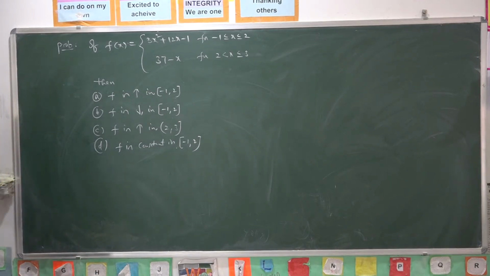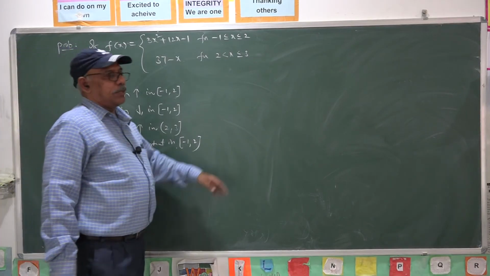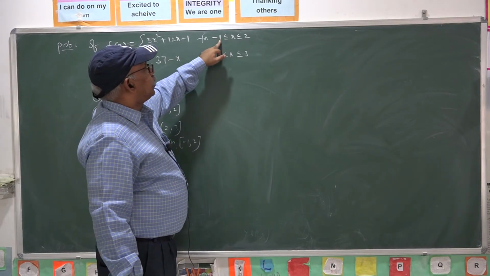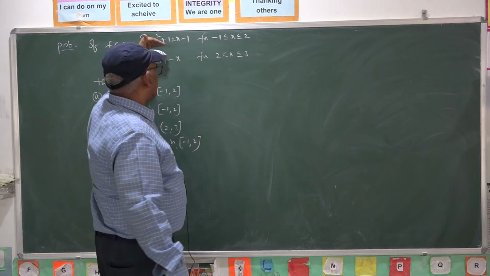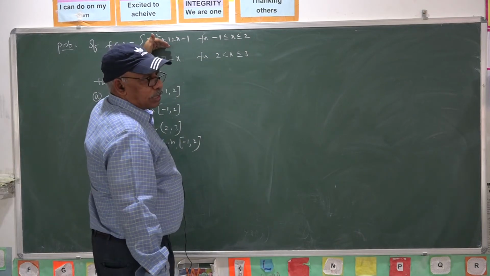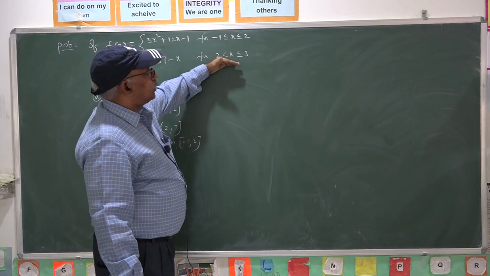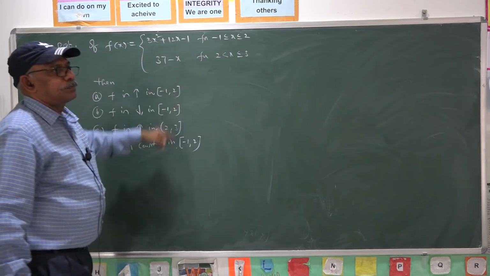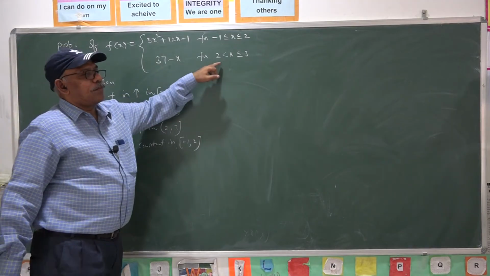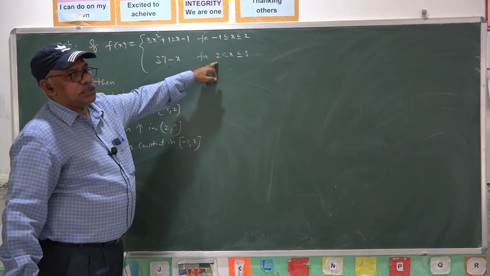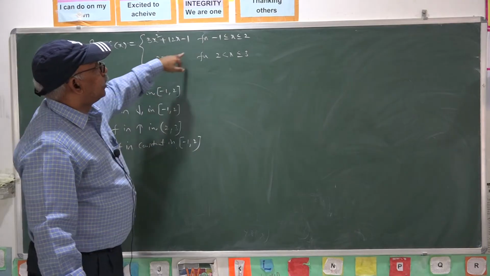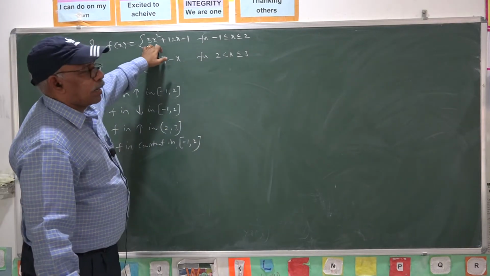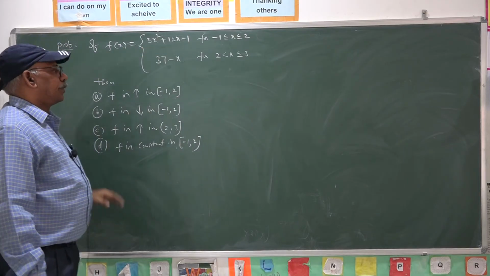This is the piecewise curve. Piecewise curve means once x varies from minus 1 to 3, in the interval minus 1 to 2, it takes a quadratic form, whereas whenever x lies between 2 and 3, it takes a linear form. So once x lies in this interval, it is a straight line, whereas whenever x lies between minus 1 and 2, it is a parabola because it is a quadratic expression.